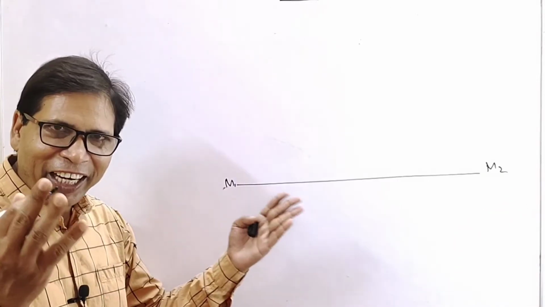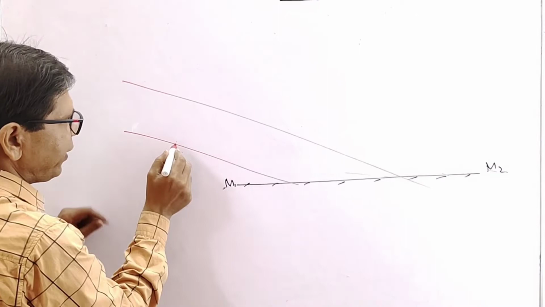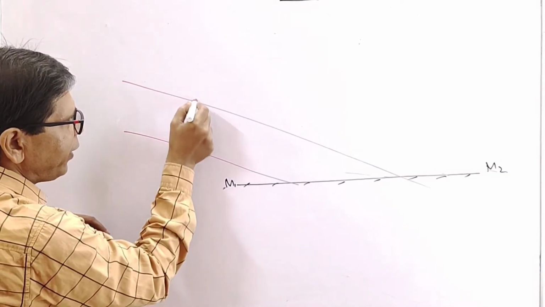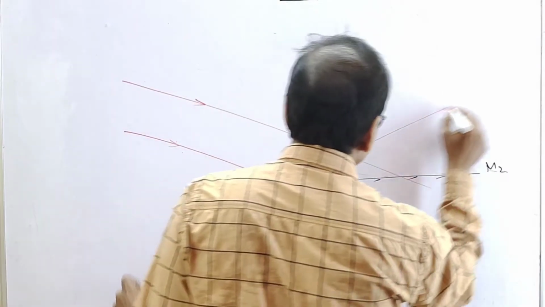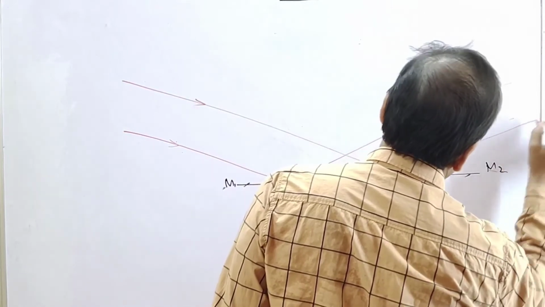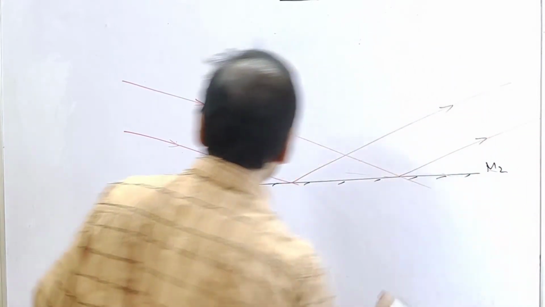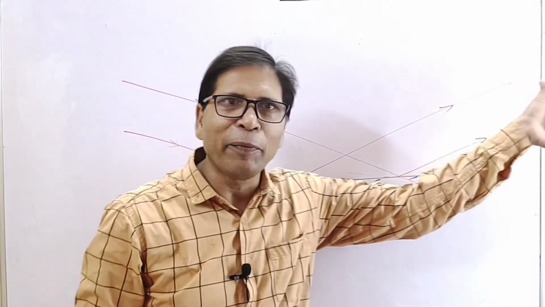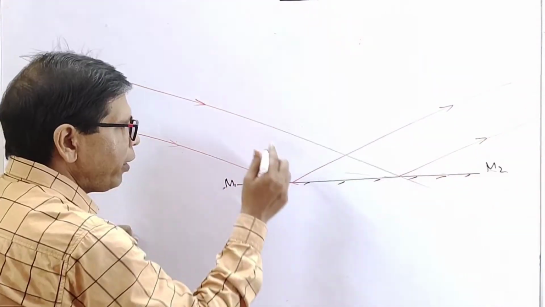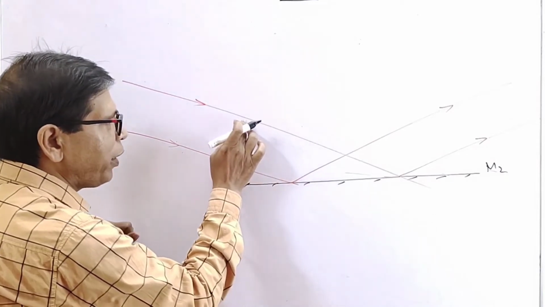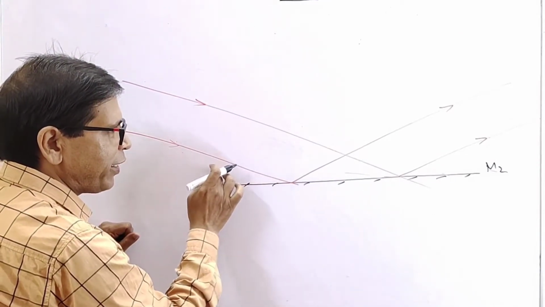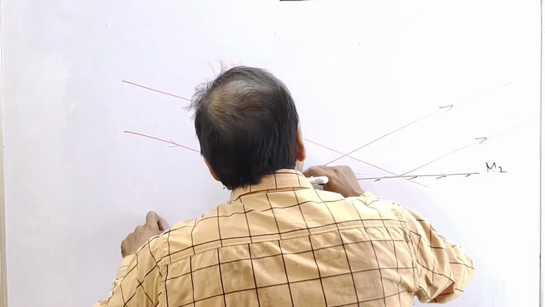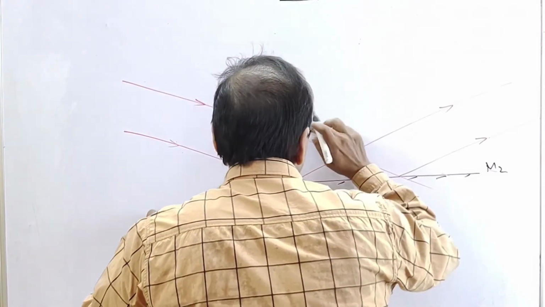Look at this, this is the reflecting surface. These are two incident rays, and they are reflected in this way. This is the incident ray and this is the reflected ray. Now a line is drawn perpendicular to the two incident rays.